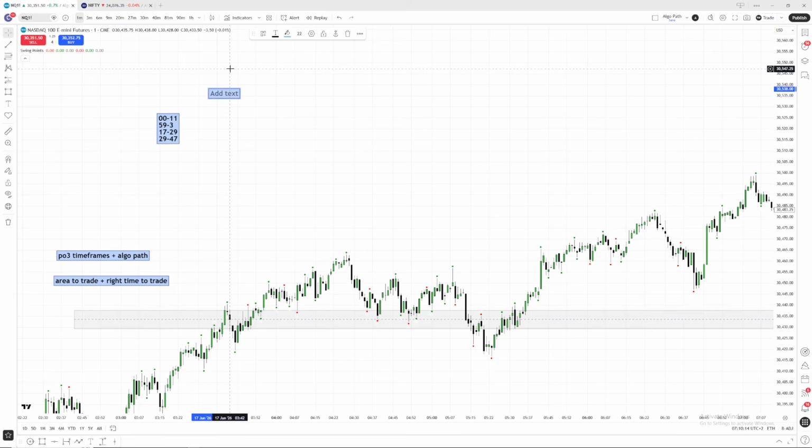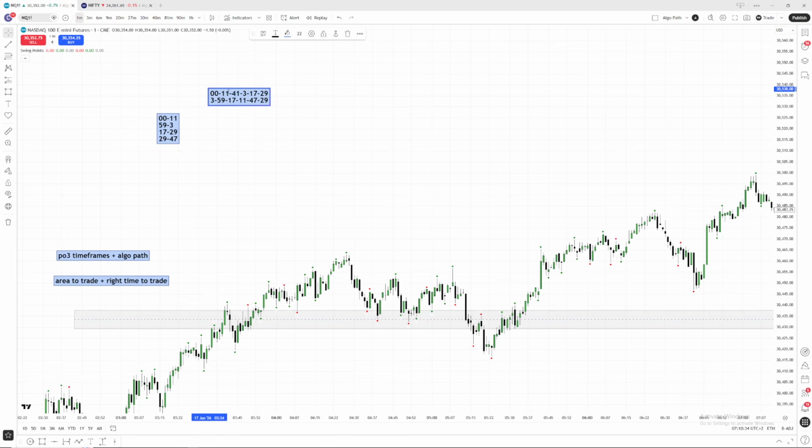So the entire algo paths I can write down just for your convenience. Algo 2 always goes in reverse, algo 1 always goes in forward.